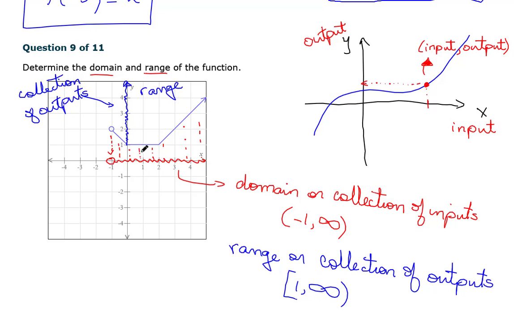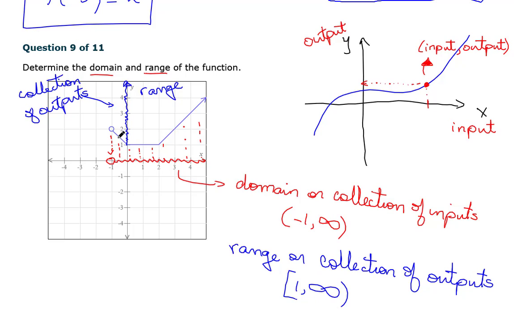All right, what about the domain? The domain is how far left and right. Let's see, any of these numbers have an output? How do I know? Well, there's no graph there. So these numbers don't produce any output. The first appearance of something is here at minus 1, and it produces this open dot.